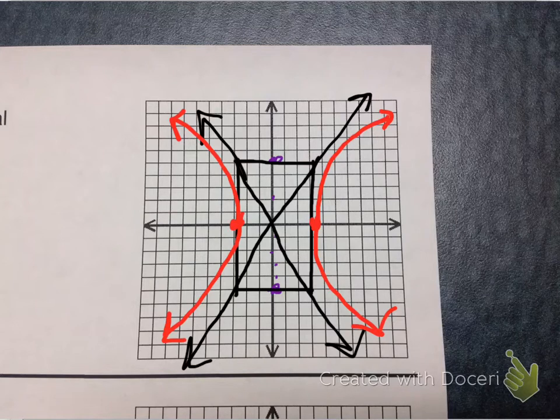Now I also need to put my focus in here, and the focus is at 5.8, so 1, 2, 3, 4, 5.8 is like right in here. Just kind of guessing. 1, 2, 3, 4, 5.8, it's close to 6. So there's going to be a focus here and there's going to be a focus there.